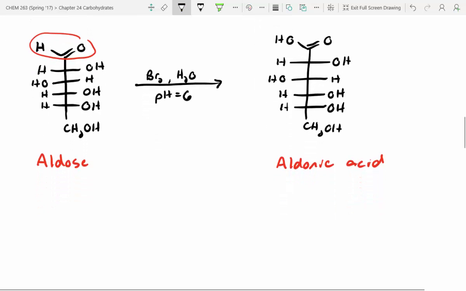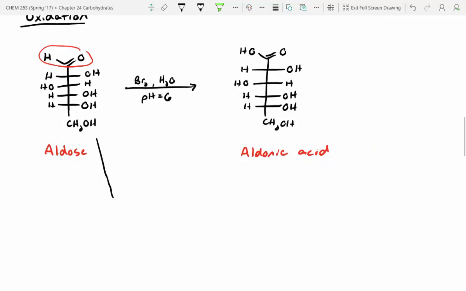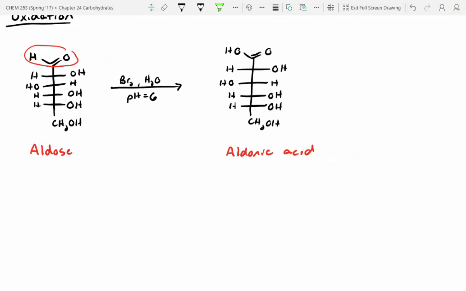But this time we want to amp up our oxidizing conditions a bit more. Our stronger oxidizing conditions involve nitric acid and water, so still not as strong as sulfuric acid, and we have to apply heat.